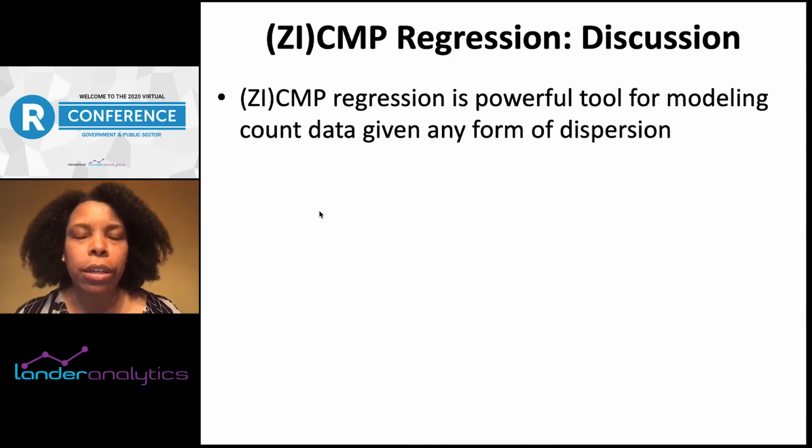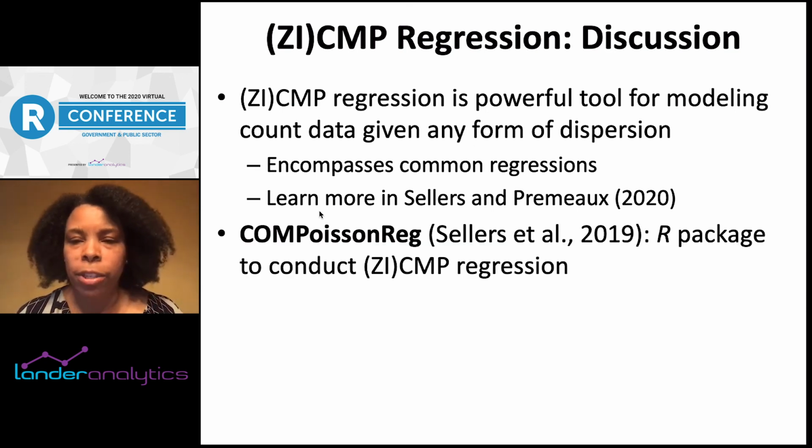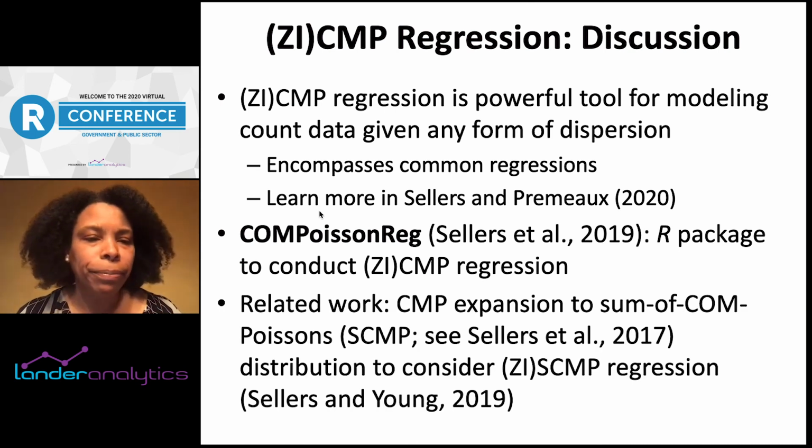So in conclusion, I hope you've learned that the ZI-CMP serves as a powerful regression, if not for explanation, but also for generalization should you have over or under dispersed data, particularly under dispersed data. It contains common regressions, and the Poisson reg package is a very helpful tool for addressing this matter.